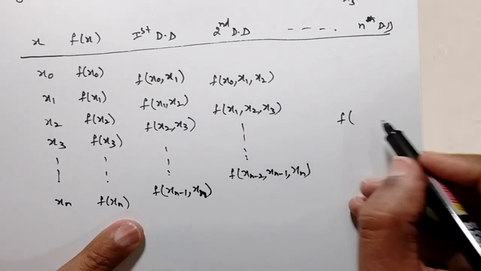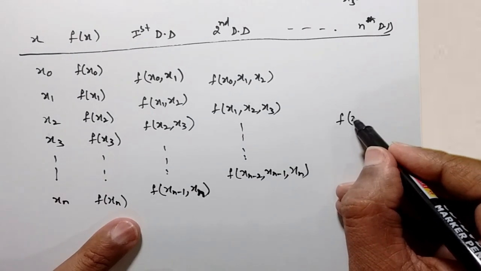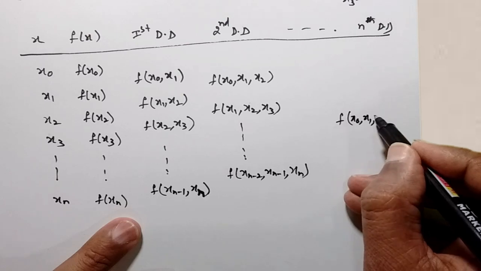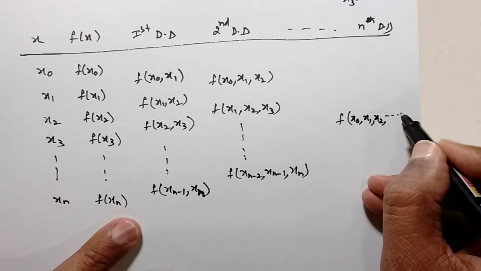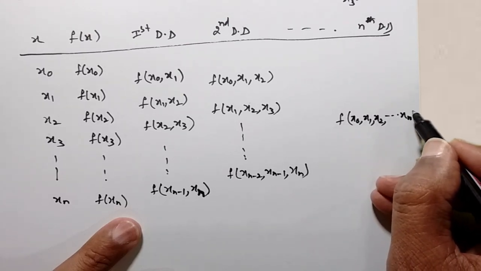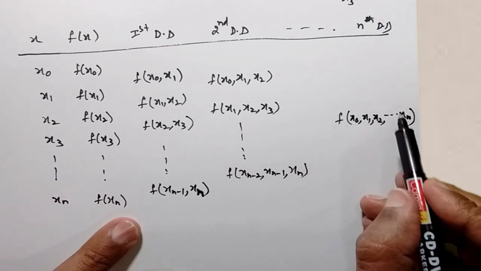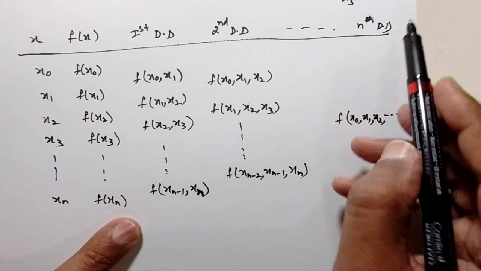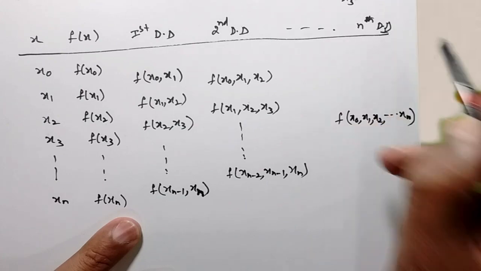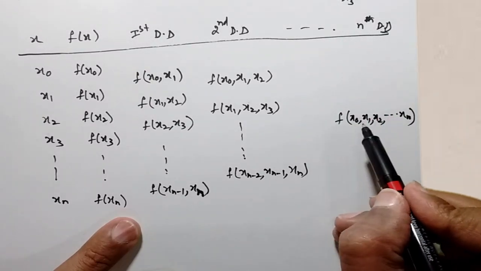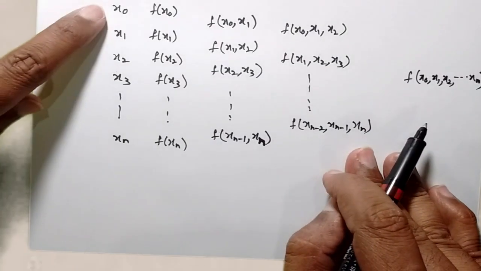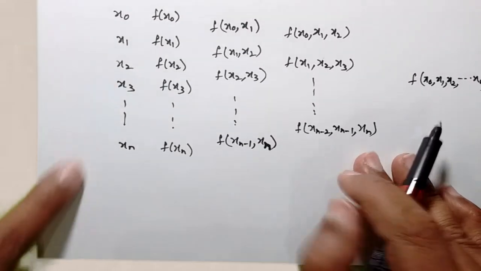In the nth divided difference you will get a single value, f of x0, x1, x2, and so on up to xn. All the values will be there in the nth dd.